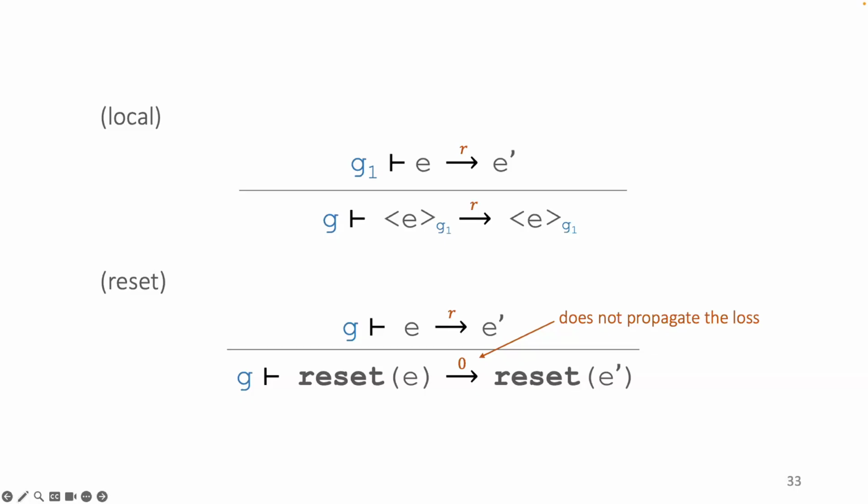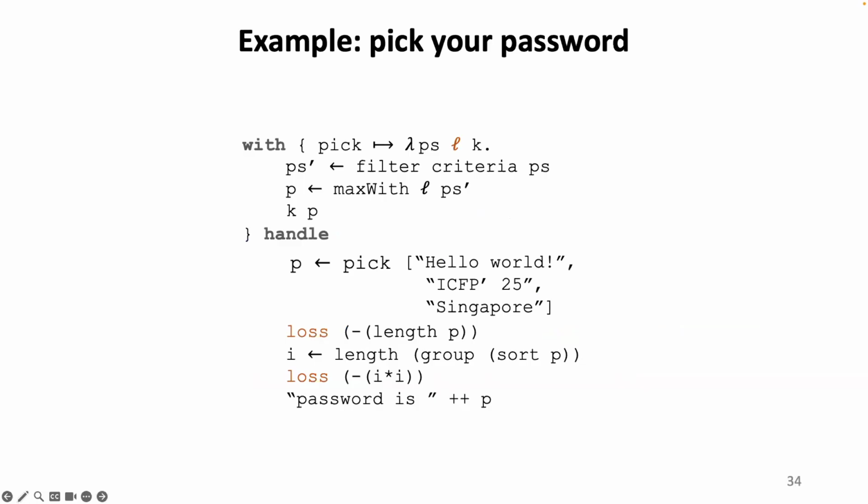And with that, we can now go back to our example of picking a password and actually see how this program gets evaluated. So we would always start evaluating expression under a zero loss continuation, right? So let's assume this whole program is evaluated under zero loss continuation. And we are evaluating a program under a handler.